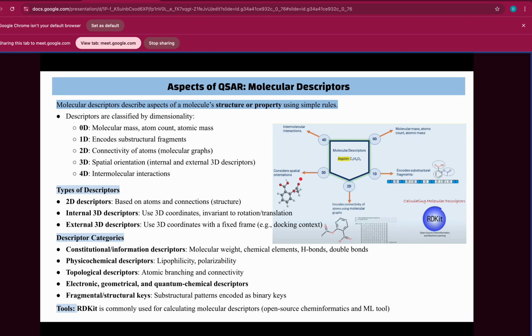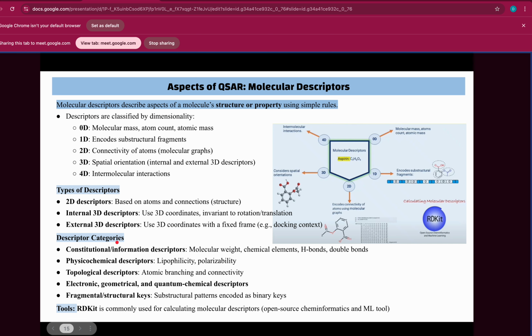It does not bring about any change during rotation. Whereas external 3D descriptors use 3D coordinates with a fixed frame. If you change the frame, then the structure will get changed. In that way, it is sensitive to rotations and other translational movements. Each frame of this single particular protein can be different.